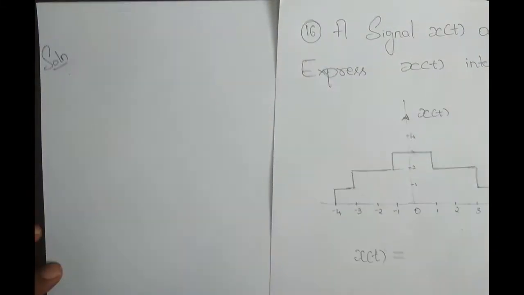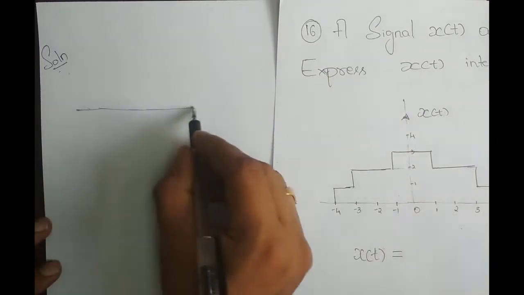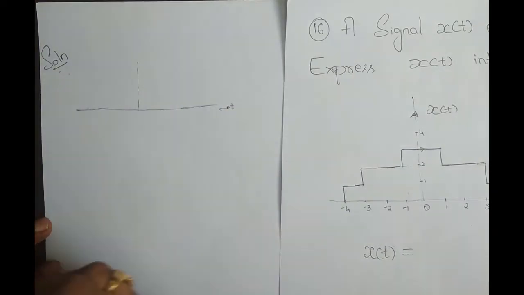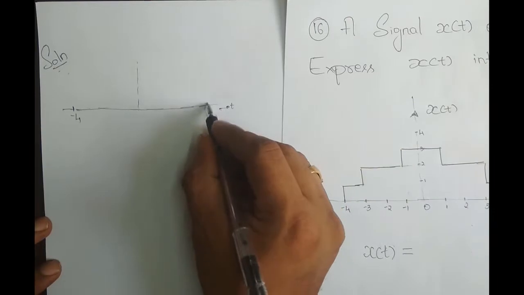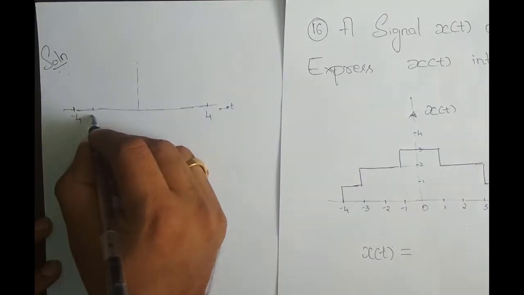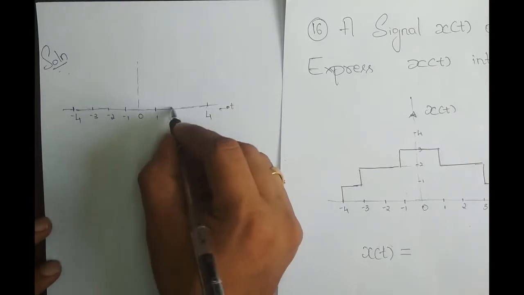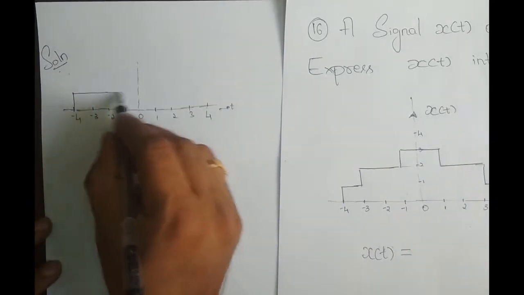So the solution to this problem is, first signal is a signal where its amplitude is varying from -4 to 4. Okay, -4, -3, -2, -1, 0, 1, 2, 3, 4. So this is the first signal.